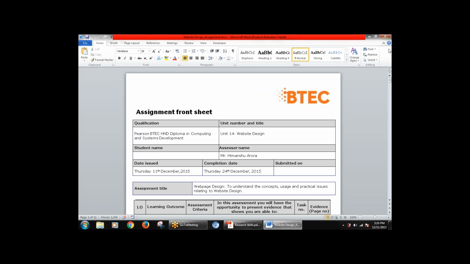That is the unit number 14 assignment, the website design assignment, right? So let's start with this one. This is known as the BTEC, a BTEC course. This is the assignment front sheet that is available. Then there is the qualification that is used: the Pearson BTEC HND Diploma in Computing and System Development.